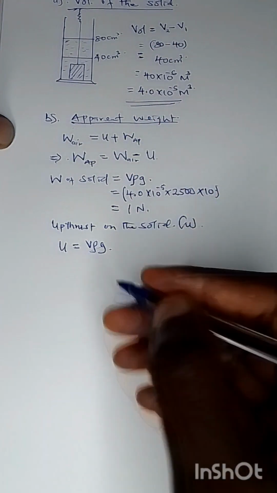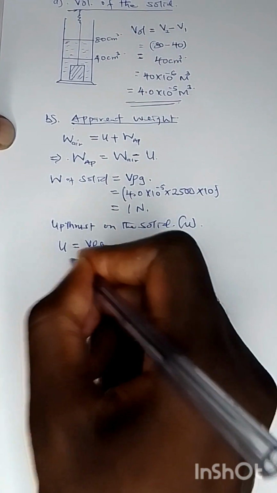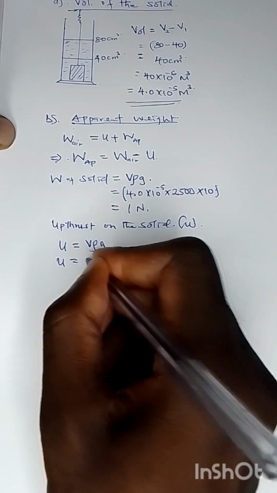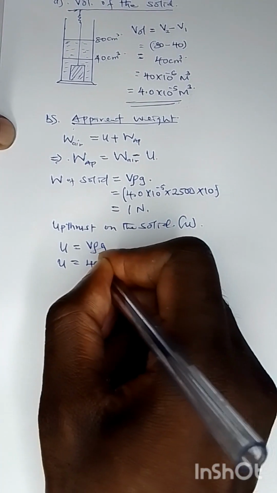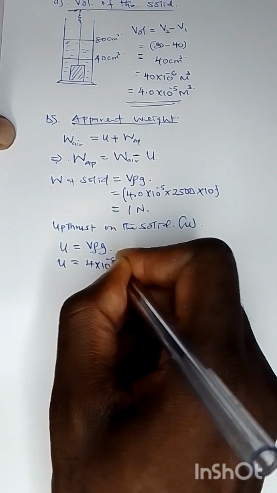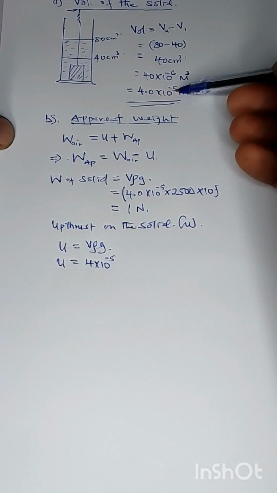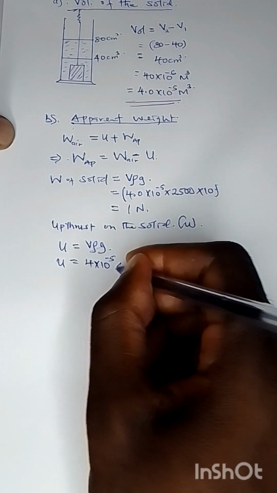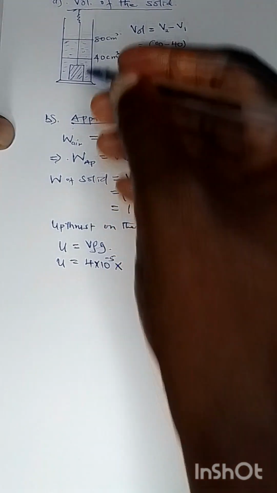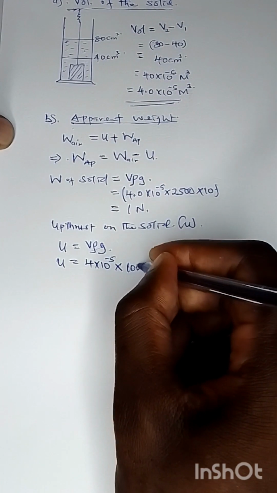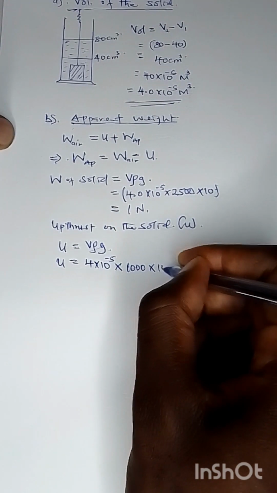So straight away we get our upthrust, which is 4 × 10 power negative 5. It's the same as just this value here. We multiply this one by the density of water, 1000. Then we multiply by 10.